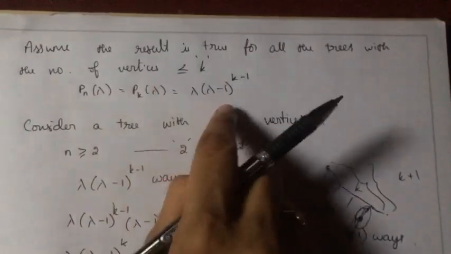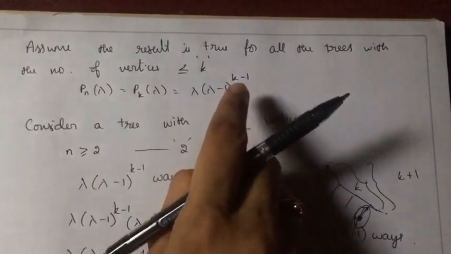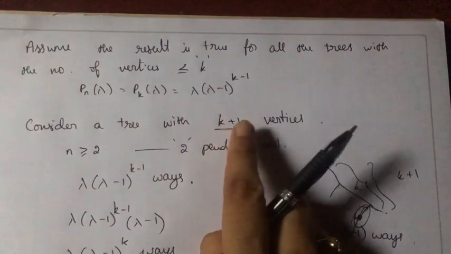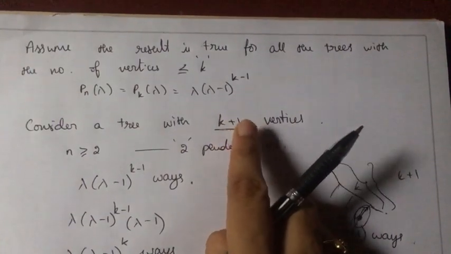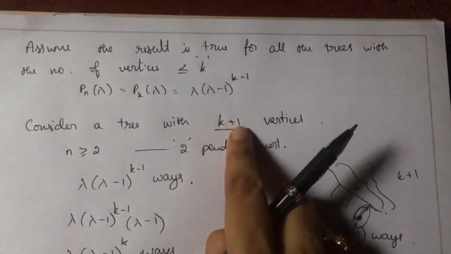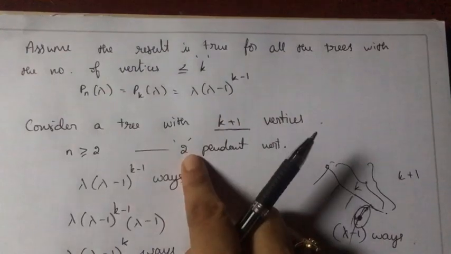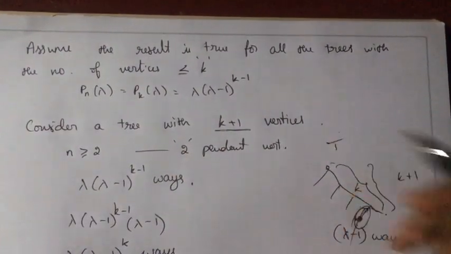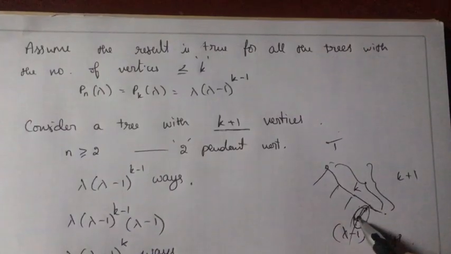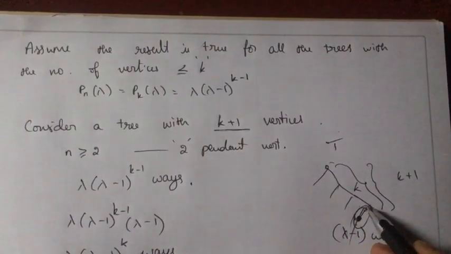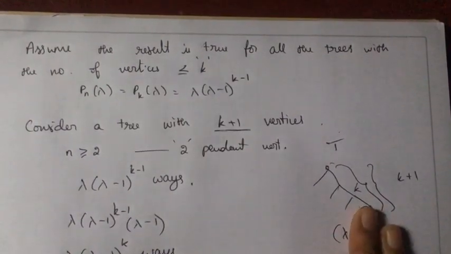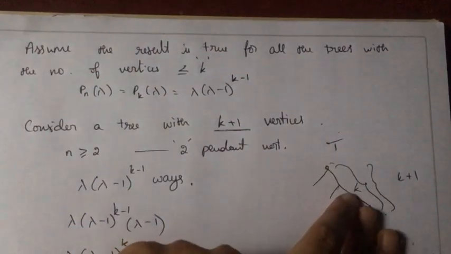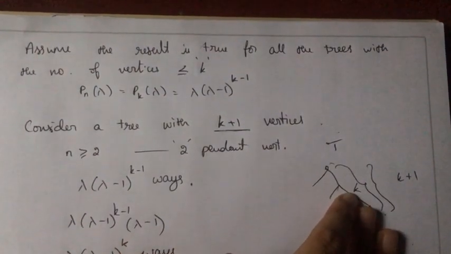Now I'll take a tree with k plus 1 vertices. I know a tree will have at least 2 pendant vertices. In my tree, I remove one pendant vertex along with the edge associated with it, so that my tree contains only k vertices.